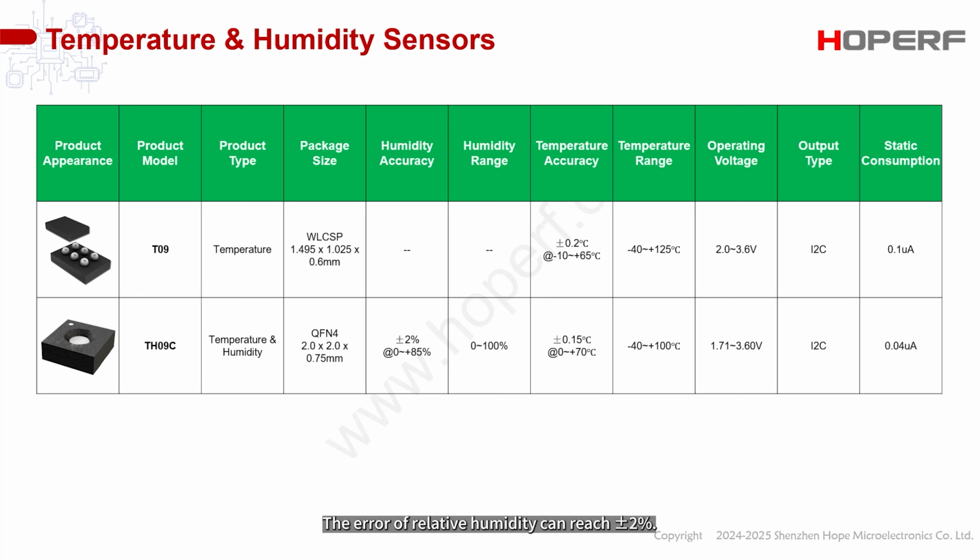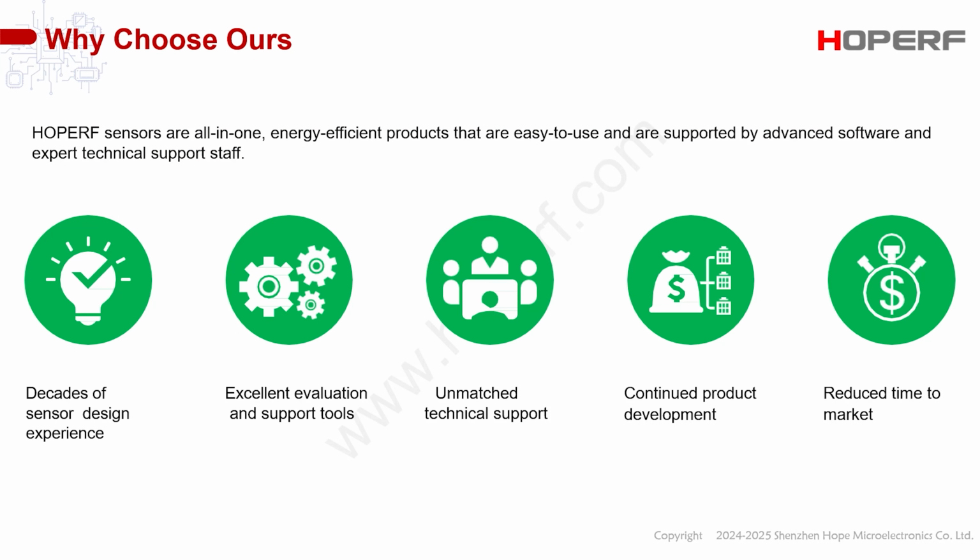The error of relative humidity can reach plus or minus 2%. Both products have a very small volume. The package size of T09 is only 1.5 mm * 1.0 mm. And the package size of TH09C is only 2.0 mm * 2.0 mm. In some applications that require a more compact scene, these 2 products are the best choice.